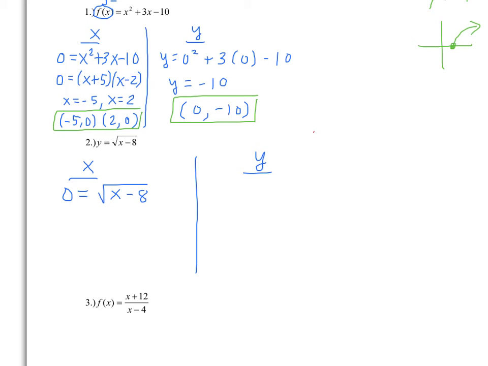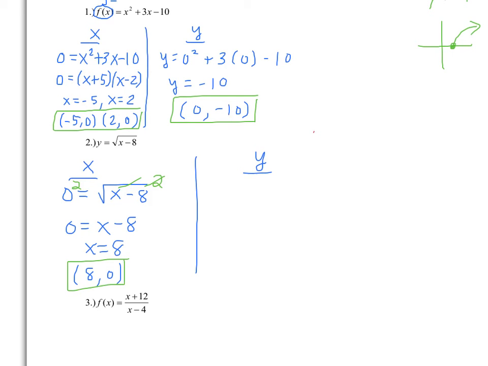Now in this case, if we're looking to solve for x after making y 0, since I have a square root function, I can square each side to get rid of that square root. So I'm going to end up with 0 equals x minus 8. That would give me x equals 8. So I know that this particular function will cross through the point 8, 0.